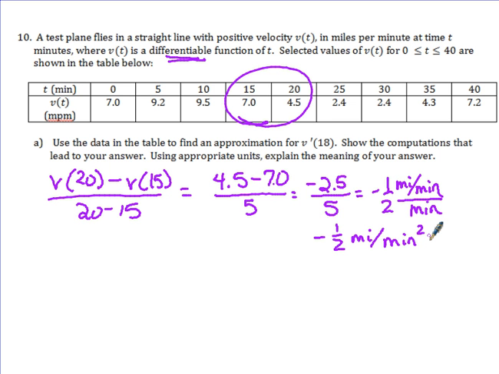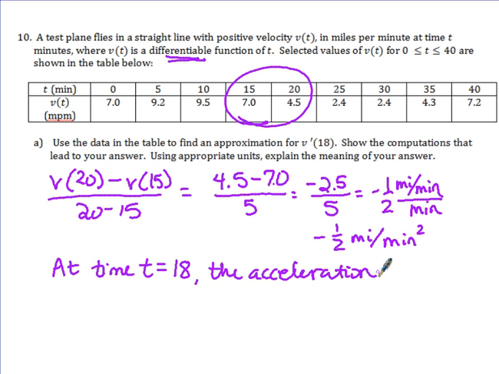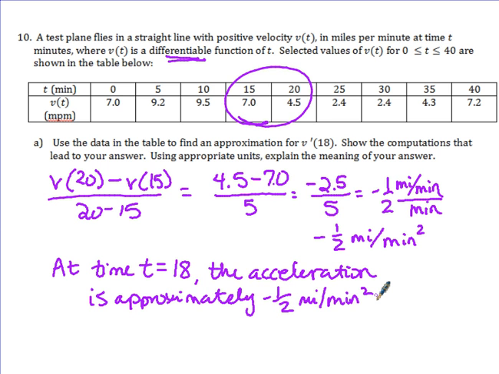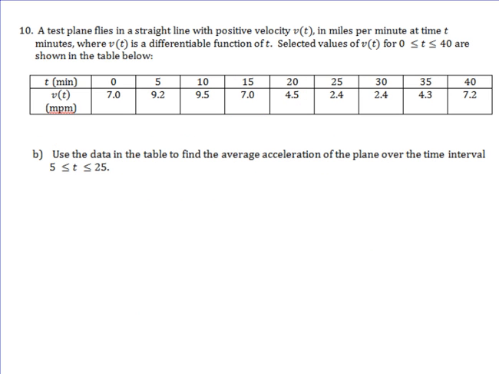And what this means is that at time t equal to 18, the acceleration, or you could say the rate of change of velocity, is approximately negative 1/2 miles per minute squared.